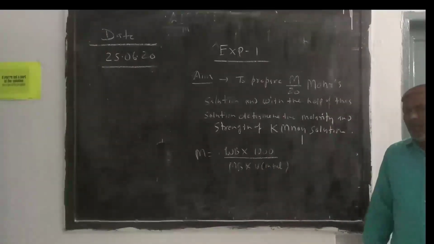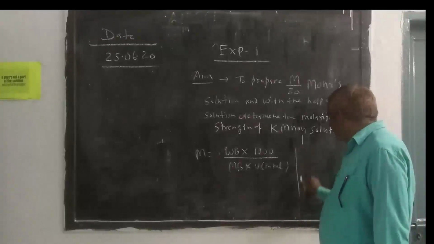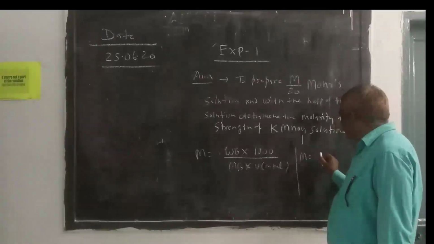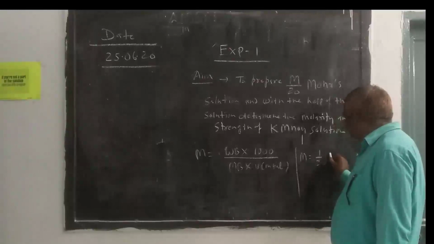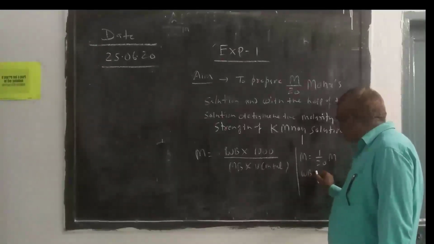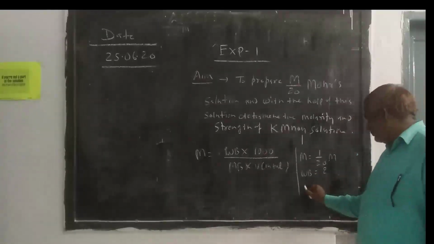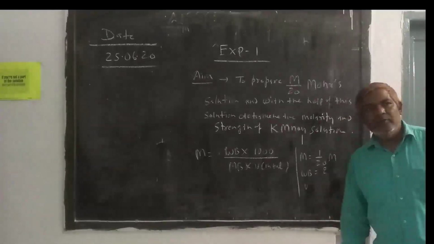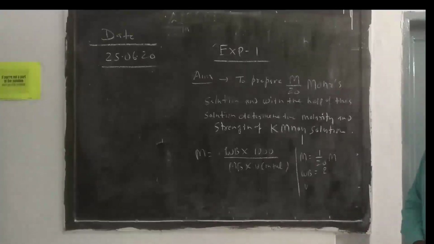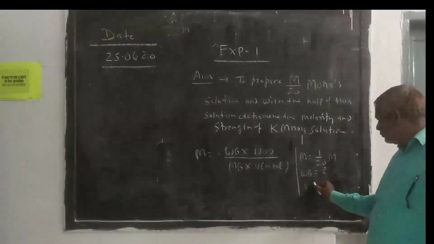In the question, molarity M is already given, M equals 1/20 M. W is not given. Volume of the solution we are going to calculate. Actually we are going to make M/20 250 ml of solution, so the volume is 250 ml.